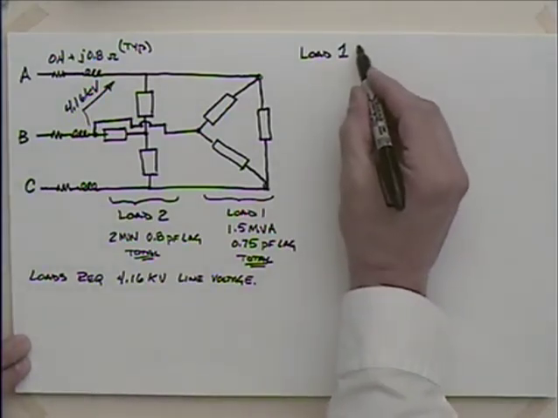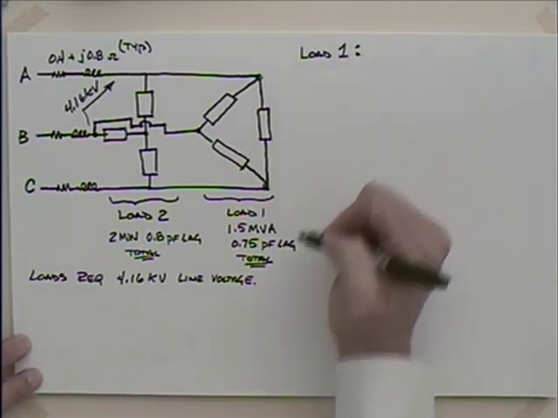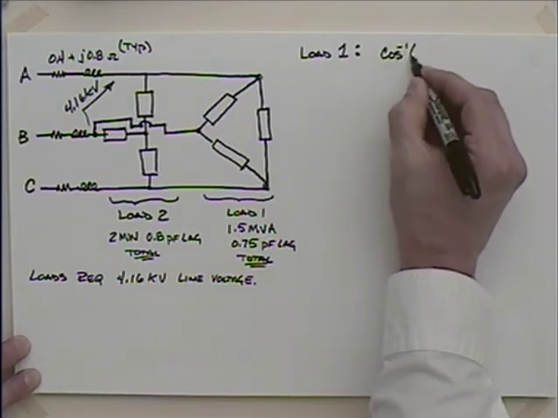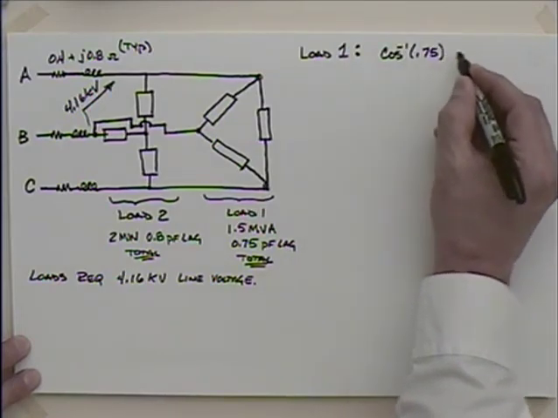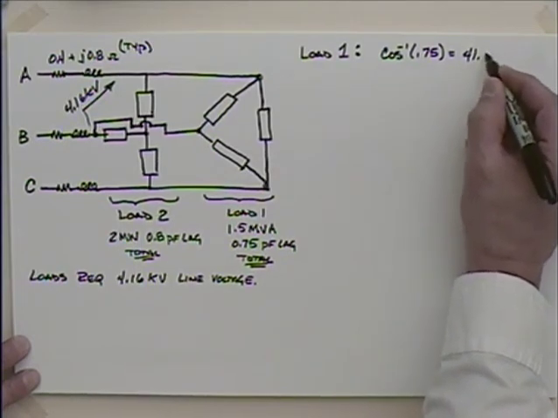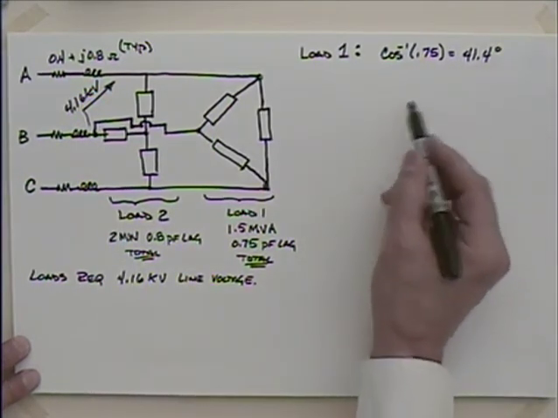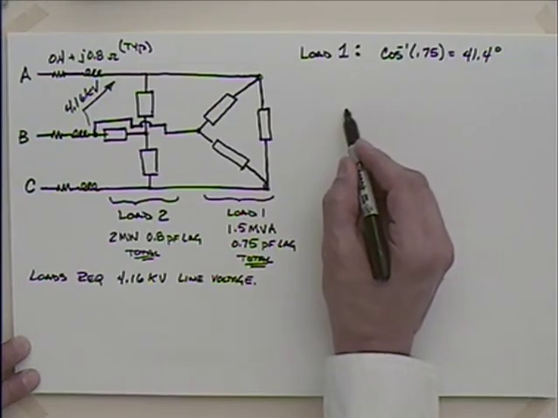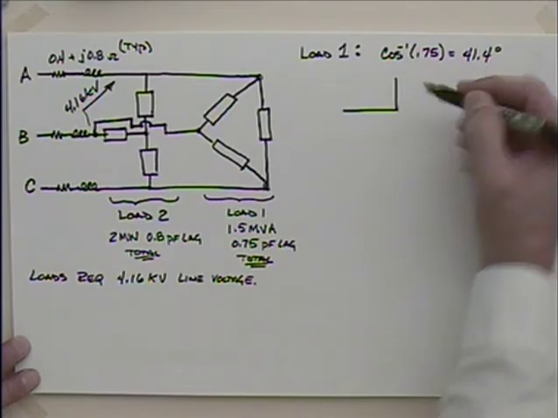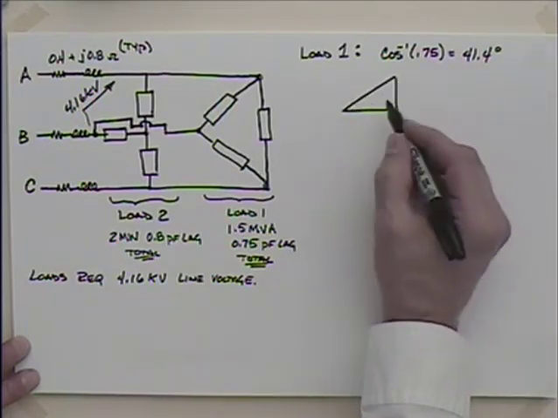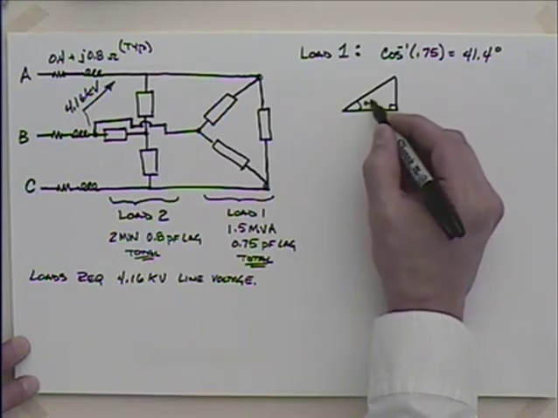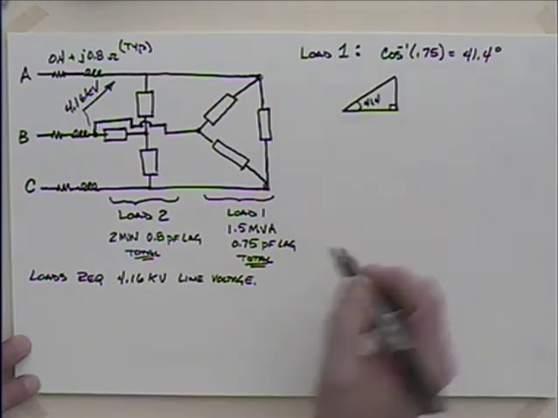With load number 1, I can say that the arc cosine of 0.75 gives me an angle of 41.4 degrees. So now I have a triangle that looks like this. It's lagging, so I know that it's going to be positive like this. 41.4.